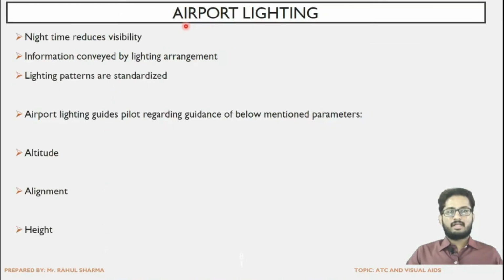Next topic is the airport lighting. Basically in night time there is reduction in the visibility. The information has to be conveyed by the lighting arrangement during the night time, and the lighting patterns are standardized so that whenever the pilot is carrying out the operation at any airport, he is aware of the meaning of those patterns, and specific color codes are given so as to get an idea regarding which specific element it is.